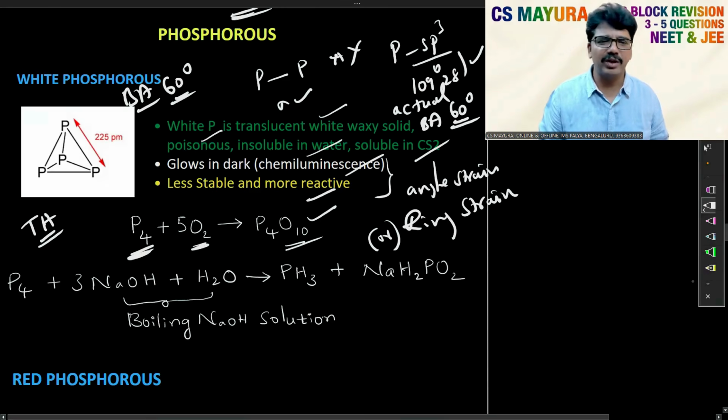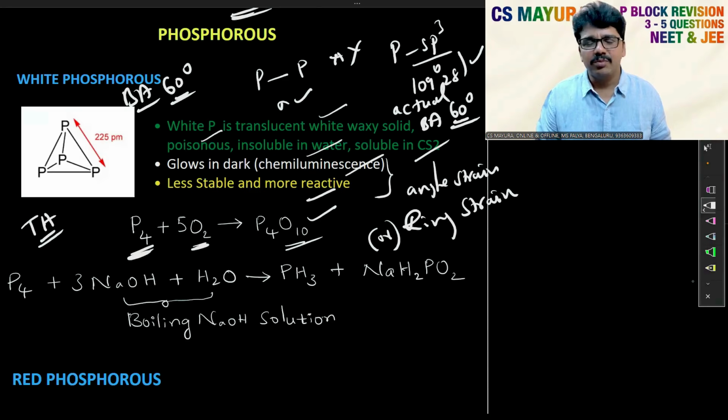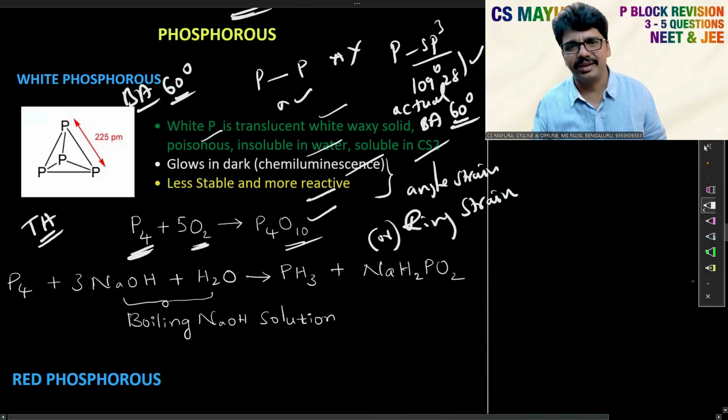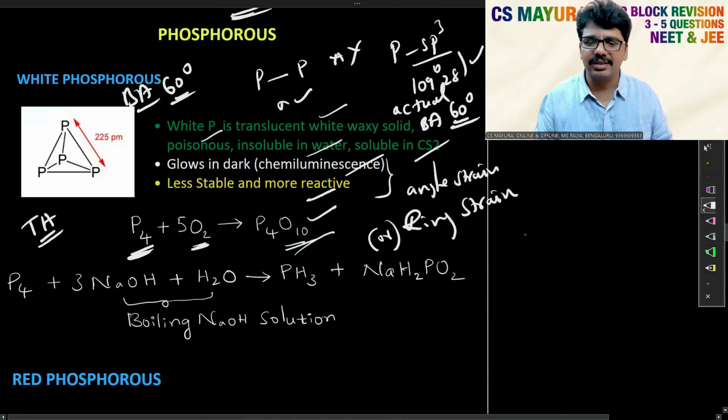So ghost light. We don't have any ghost, we don't have any evil. In a burial ground, the phosphorus present in the bones, when exposed to the atmosphere, burns with oxygen and produces P4O10. During the process, it produces a light, but it won't have heat. That light was considered a ghost light. That is chemiluminescence, not a ghost.